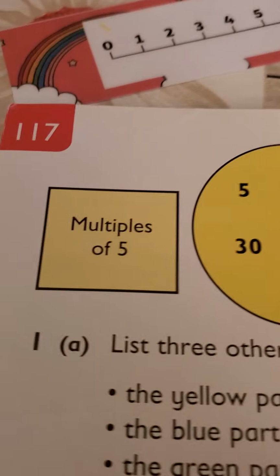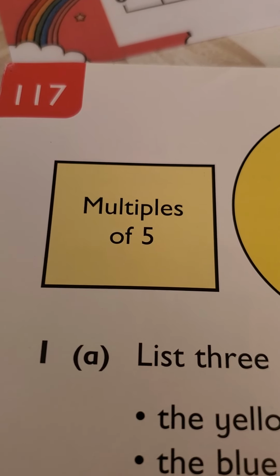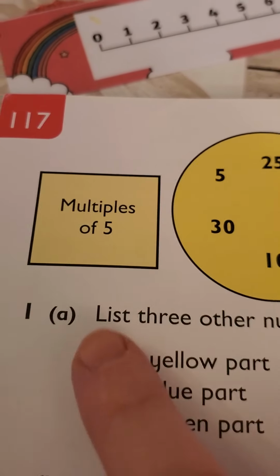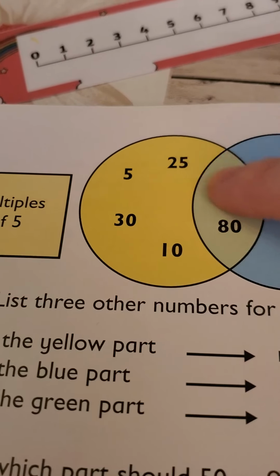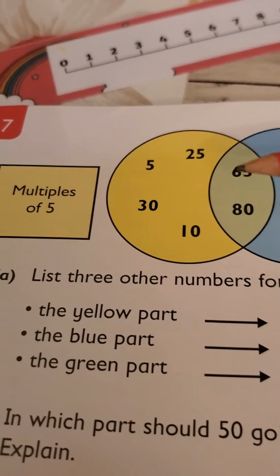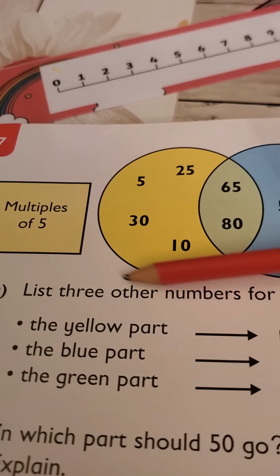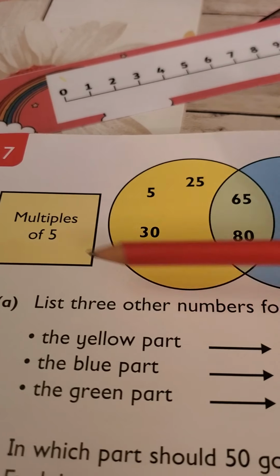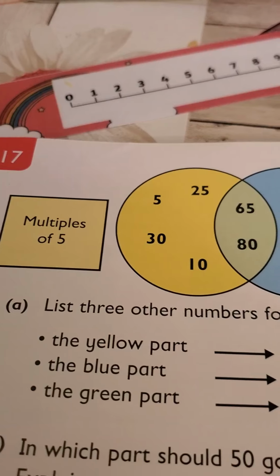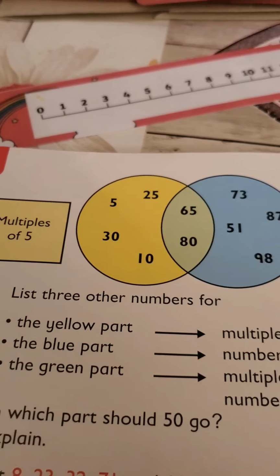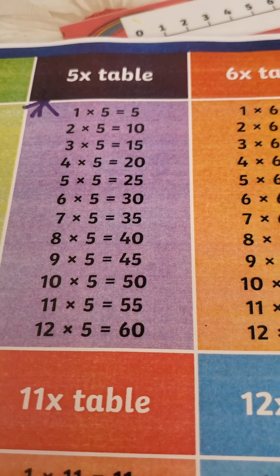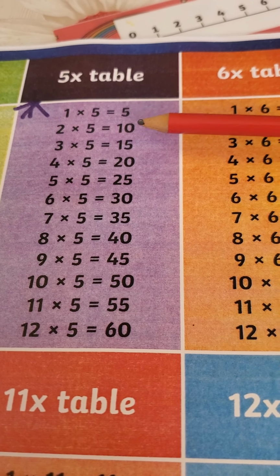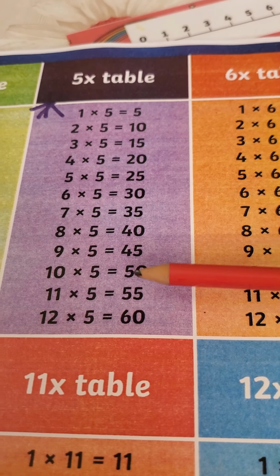And you'll see it says here, multiples of 5, and that means that anything in this yellow circle is a multiple of 5, including the part of the circle which has turned a bit green from mixing with the blue. So anything in this whole circle is a multiple of 5. So you pull over your 5 times table sheet and you'll see in your 5 times tables, here are lots of multiples of 5.